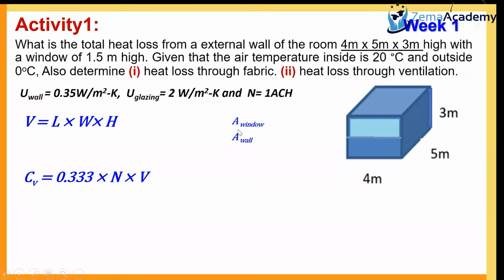You are given the height, 1.5 meters, and you know the length of the window, which is 4 meters. So you can calculate the area of the window. And then for the area of the wall, you just take 4 times 3 and subtract the area of the window. So you'll get the area of the wall. I hope that you are following what I'm saying.